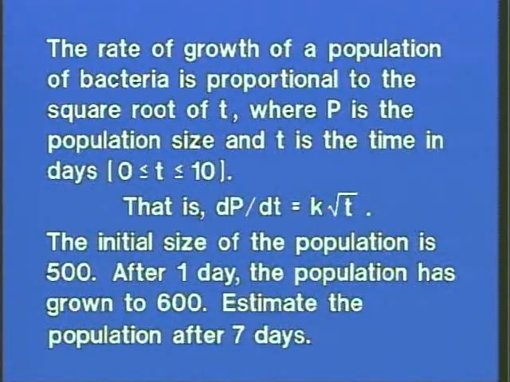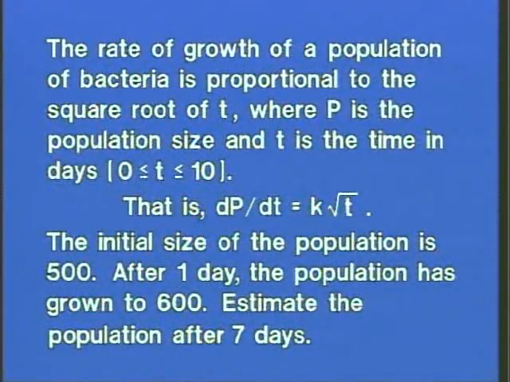Well, back at the top of the page where it says the rate of growth of a population. Now remember, in the last chapter we talked about rate as being a derivative idea. And that's why we can think of the derivative of the population as a rate of growth. That's the interpretation of that idea. And then the other part, the k times the square root of t, comes from the notion of proportions implying a constant of proportionality.